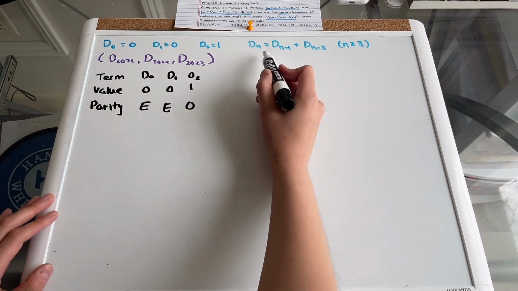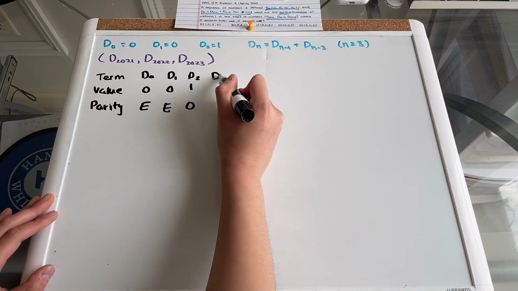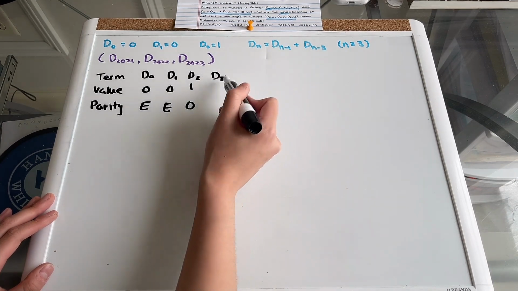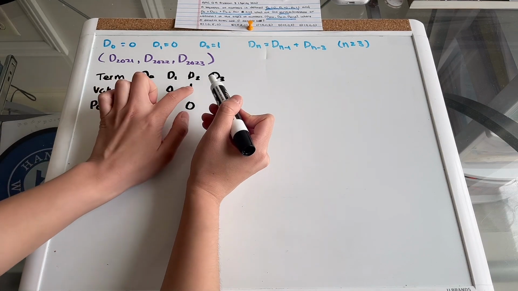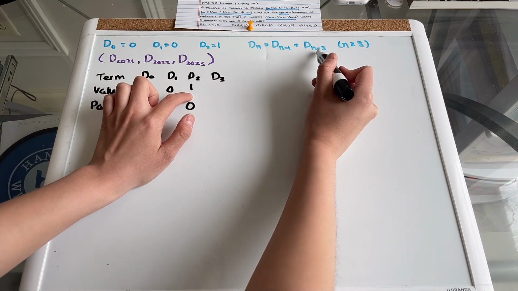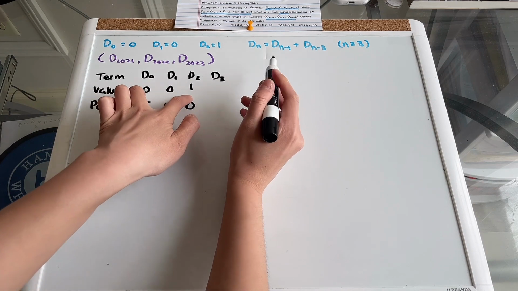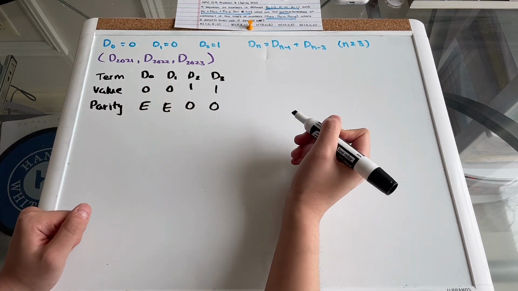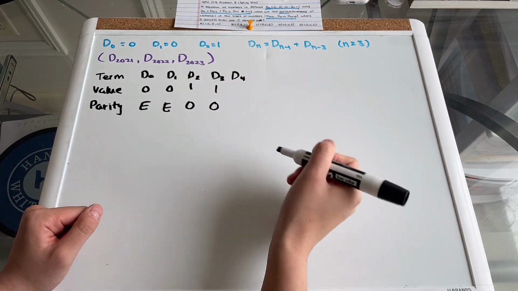And it tells you dn for any n greater than or equal to 3 will be d(n-1), which in this case is 3 minus 1, which is 2, so this will be 1, plus d(n-3). So 3 minus 3 is 0. So it will be 1 plus 0, which will be 1, so it is an odd number.